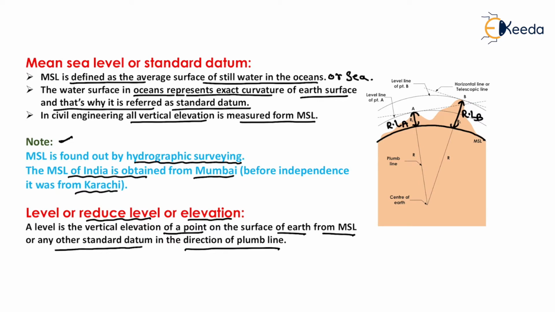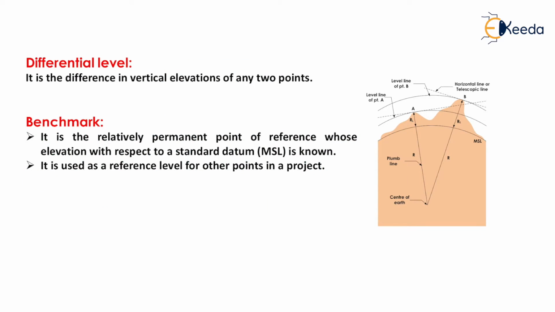It means that it is the vertical elevation of that point on the Earth's surface from mean sea level, as shown here, in the direction of the plumb line. So the simple definition of reduced level is the elevation of any particular point on the surface of the Earth from the mean sea level or any other standard datum.